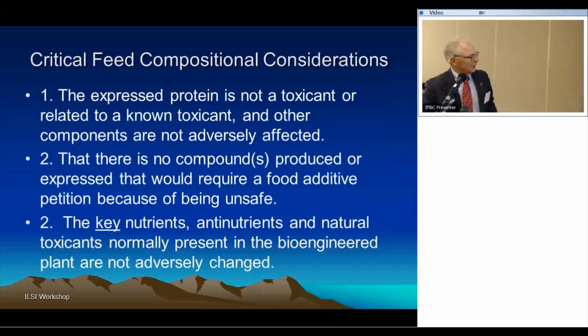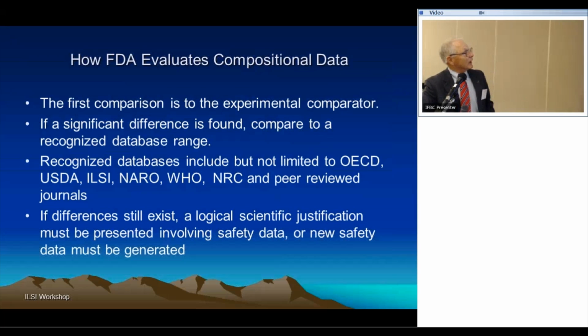The key nutrients, anti-nutrients, and natural toxicants normally present in the bioengineered plant are not adversely changed. That's what we're talking about mainly in this talk. When we evaluate composition data, the first step is comparison to the experimental comparator.